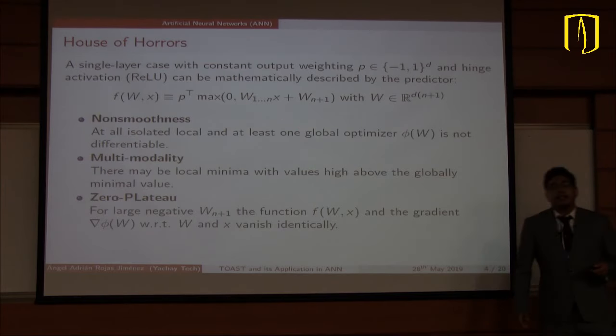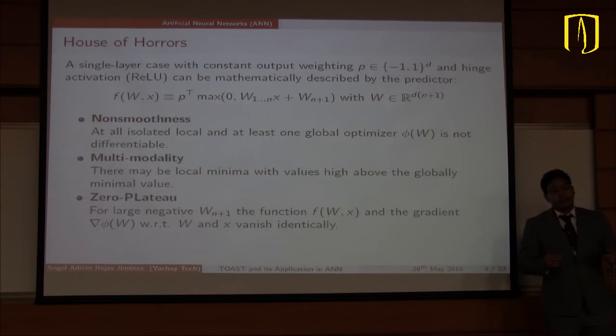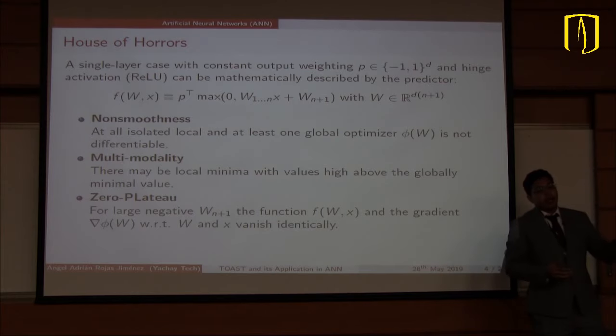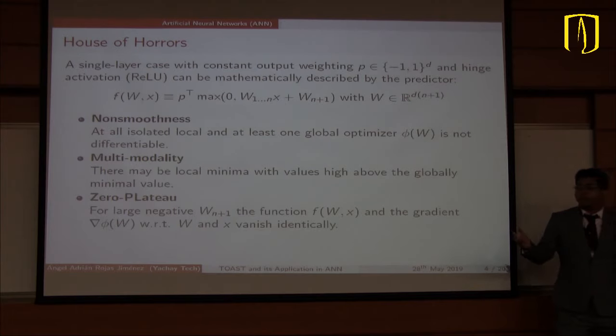Here we can see that the hinge function is non-smooth in the kinks of these branches, but it's remarkable to know that the minimal values of this composition occur in that kink where the function is not smooth. Also, this function is multimodal because it has higher values that are local minima than the global one.